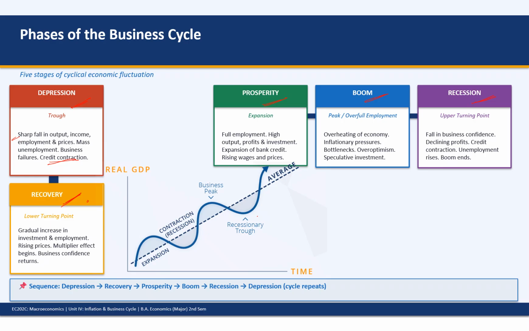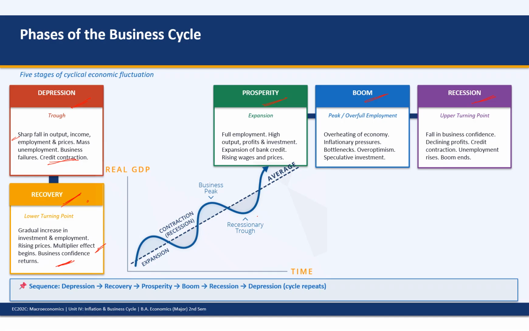This creates a multiplier effect, meaning one increase in spending leads to further increase in income and output. Prices may also start rising slightly as demand picks up. Recovery is important because it is the turning point from depression to expansion. It is usually gradual, not sudden, and it is the first sign that the economy is healing.